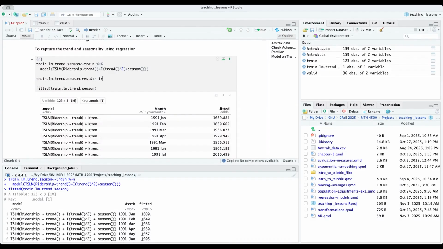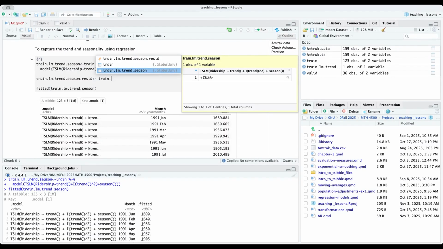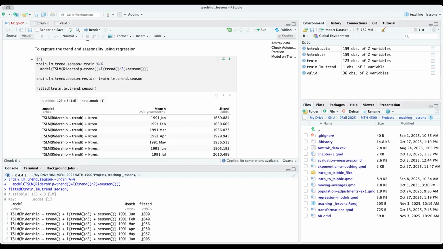So I'm going to go to my train LM trend season, go to this data set, and go to the training data again, right? Let me just go to train LM season. I would like to go to residuals.